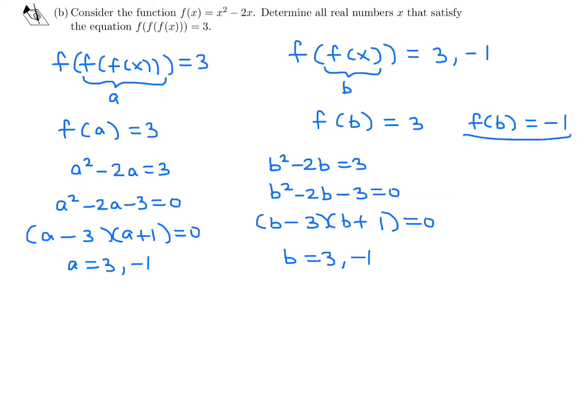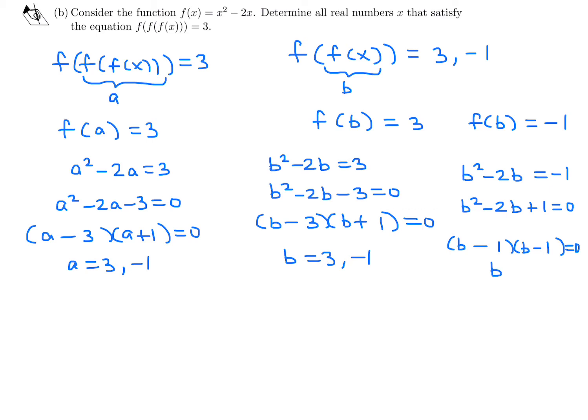Great. Let's do the same thing here. So we've got b squared minus 2b is equal to negative 1. So b squared minus 2b plus 1 is equal to 0. So again, factor that, and b is positive 1.